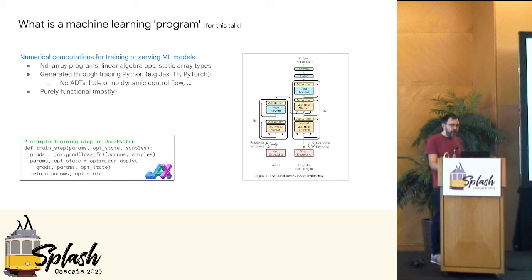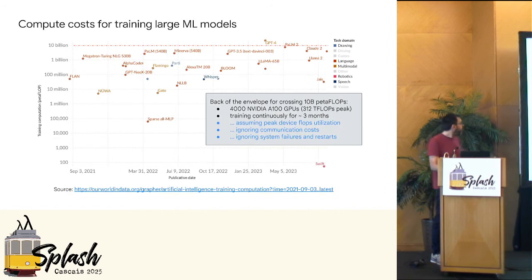And these programs are generally easy, right? I told you, purely functional, no interesting data types, no control flow. However, they are computationally very, very intensive. We have reached the point where we need more than 10 billion petaflops to train some of the state-of-the-art neural networks.